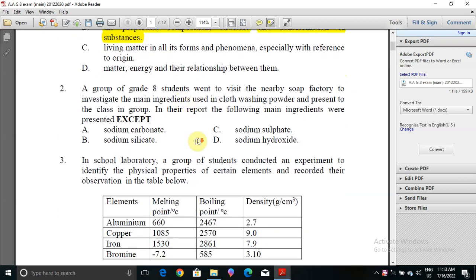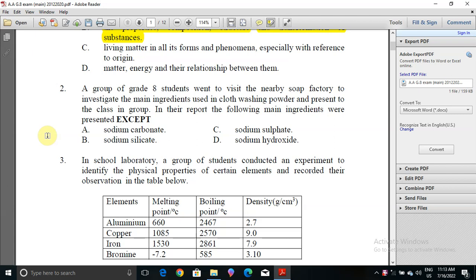Now, question number 2 is asking: a group of grade 8 students went to visit the nearby soap factory to investigate the main ingredients used in clothes washing powder and present to the class. In their report, the following main ingredients were presented except one, which is sodium carbonate, sodium silicate, sodium sulfate, or sodium hydroxide.